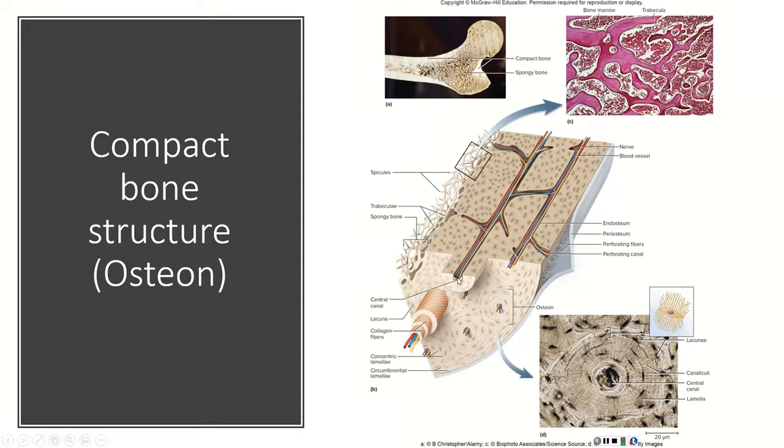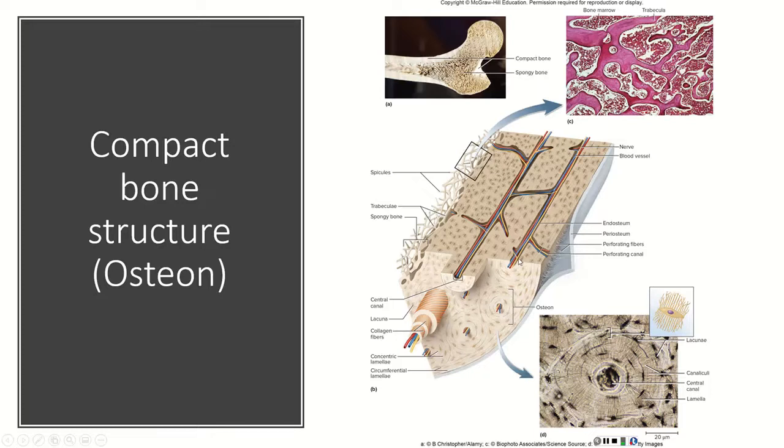So we said an osteon runs the length of the diaphysis, and so do the blood vessels within the osteon. Now, the neighboring osteon, we can see here, is connected crossways. And this connection is called a Volkmann's canal, or a perforating canal.